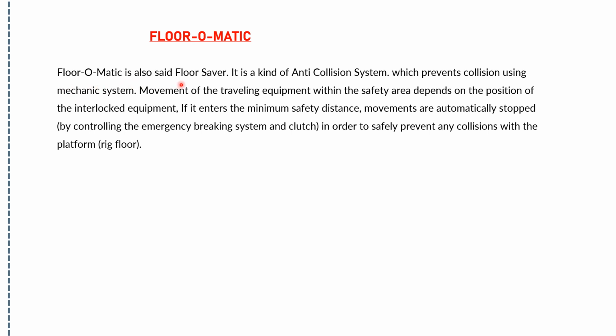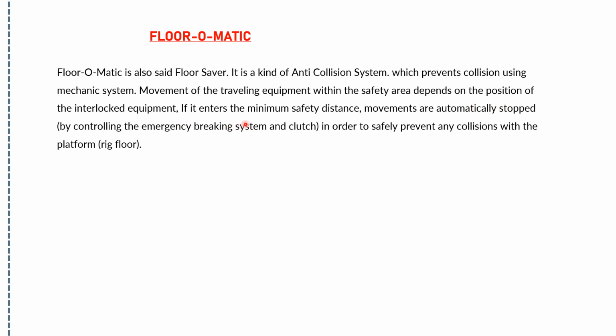Fluoromatic is also called floor saver. It is a kind of anti-collision system which prevents collision using a mechanical system. Movement of traveling equipment within the safety area depends on the position of the interlocked equipment.